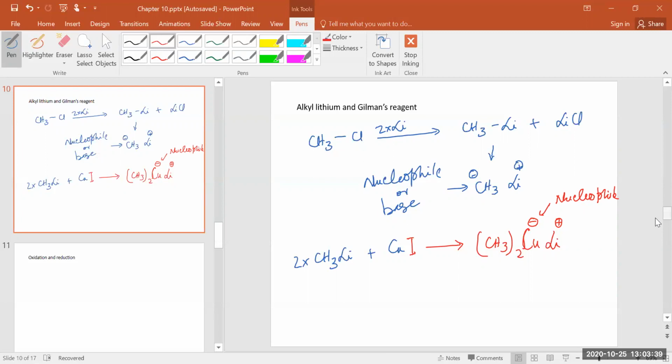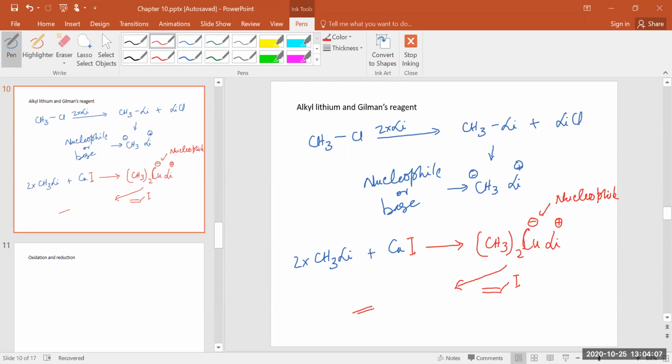So when this cuprate, Gilman's reagent, is reacted with another halide, mostly iodides, here is a vinyl iodide. So what happens? This cuprate is exchanged with iodine.